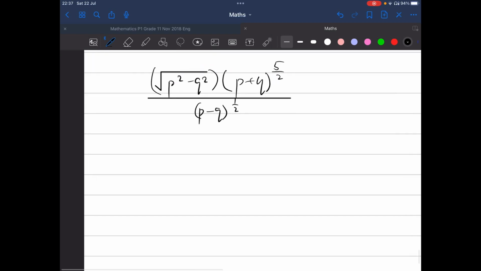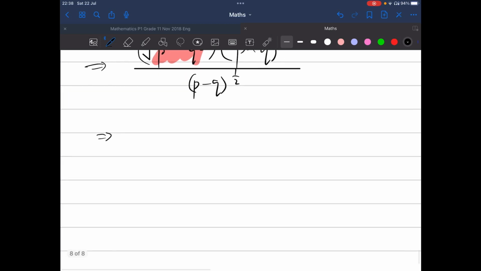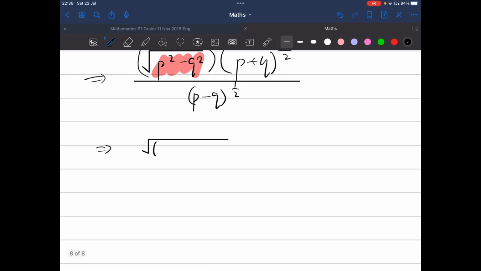Okay, now let's start by looking at this. Okay, if you look at that, that should immediately remind you of difference of two squares. Okay, so root, and then p plus q, p minus q.